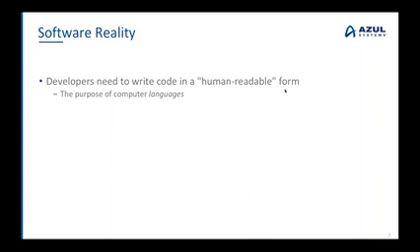What we want is something that's easy for us to understand, easy for us to see what is happening in that code, so we can see where we've got loops, we can see where we've got conditional operations, we can see where we're doing different things in our code. So that's the idea of computer languages. And computer languages are high-level abstractions of the problem that we're trying to solve.